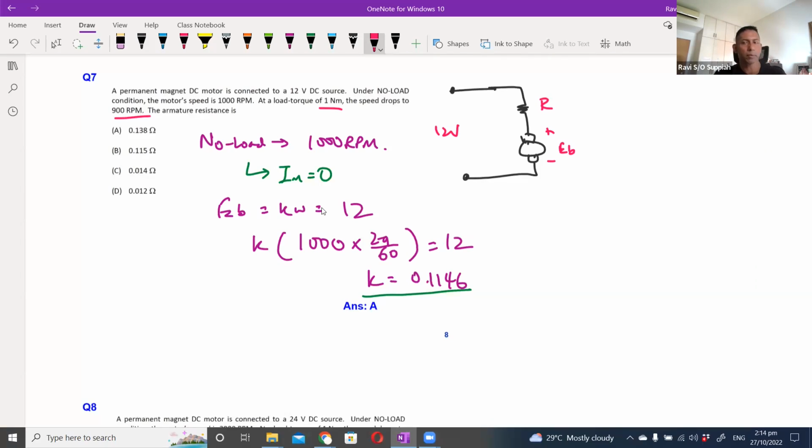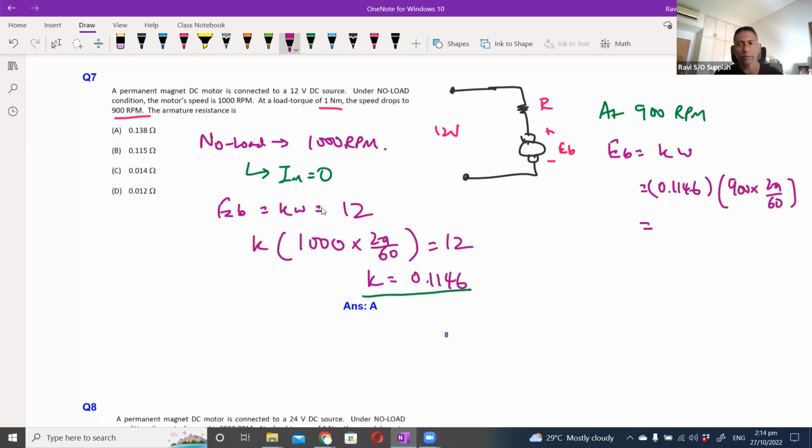So now what we can say is at 900 RPM, you can now calculate a new back EMF voltage. EB is equals to K omega. So you substitute the K value here, 0.1146 multiplied by omega, which is 900 times 2 pi over 60. You will get a back EMF of 10.8 volt.